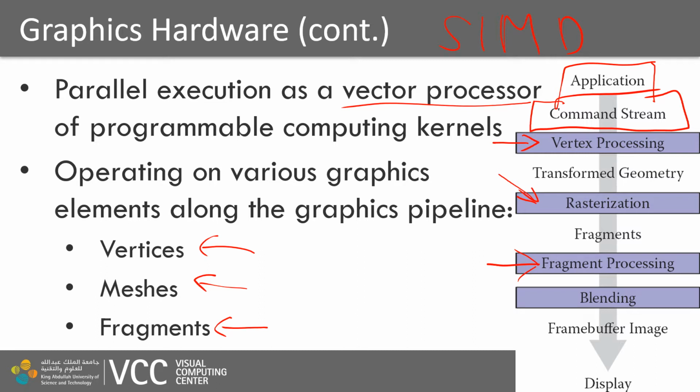But the central stage of the graphics pipeline is really the rasterization. Once we have our geometric primitives, we need to turn them into elements which are projected on the screen, which we need to sort in the correct order, and we need to also interpolate those values from the points where we have this information available on the vertices.